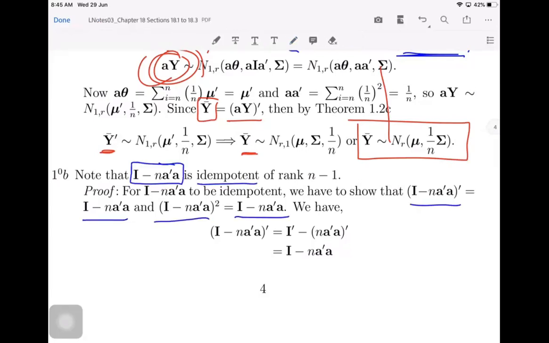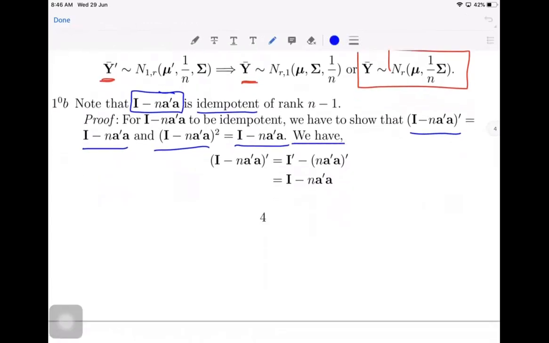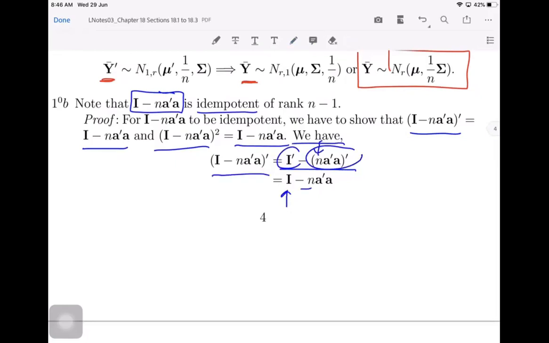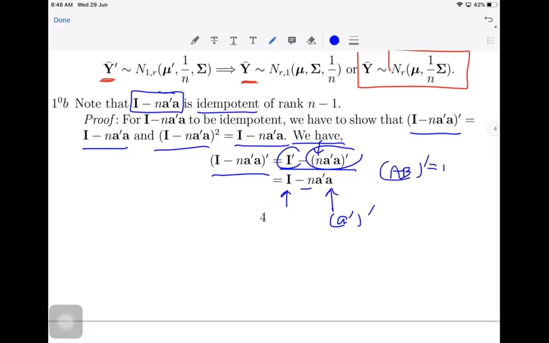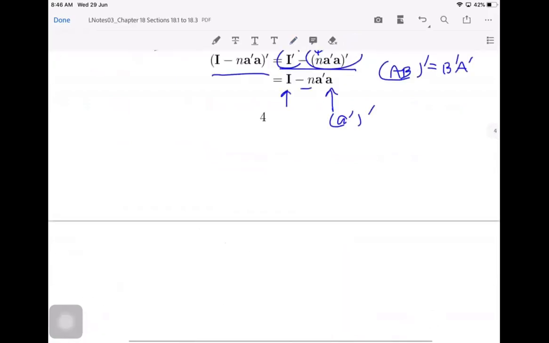So we try to check here, get the transpose of that. So the transpose of each term, but the transpose of I is just I. The transpose of this n is just a constant, so you can take it out, or n prime is just n, so you will have A prime A. So the A here is actually A prime prime, no? Because AB transpose is B transpose A transpose. So that is what happened there.